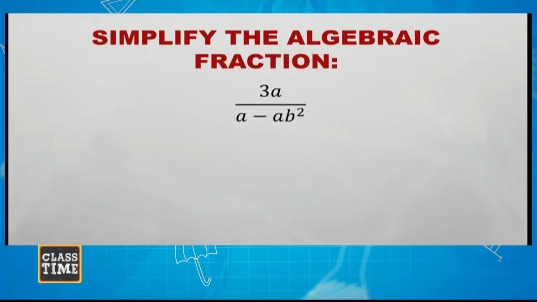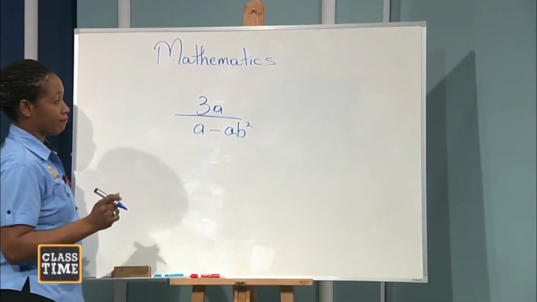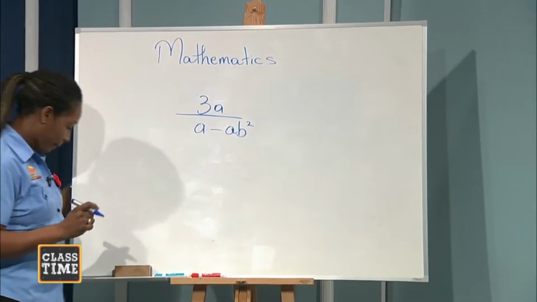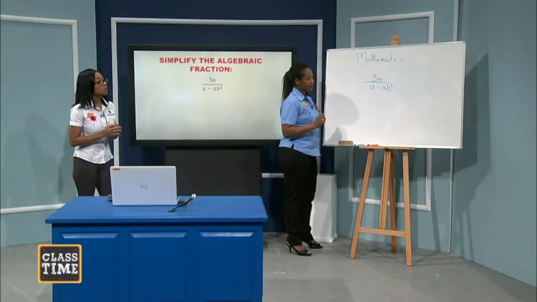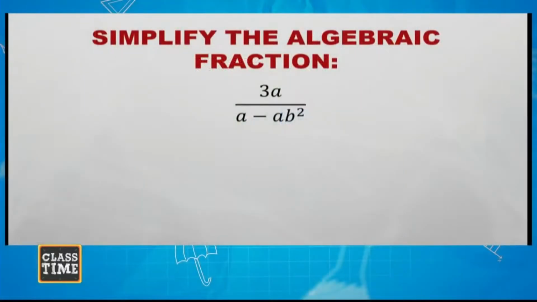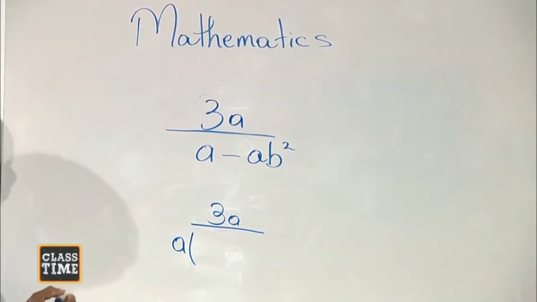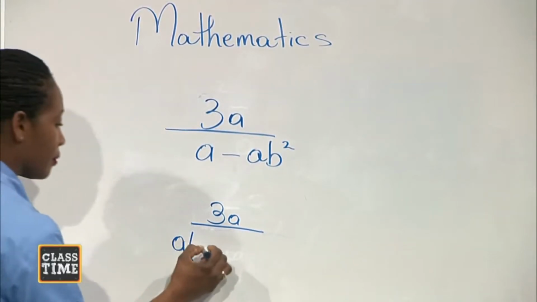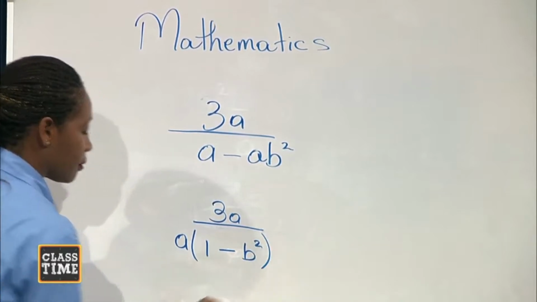When we look at our numerator, we see 3a, which is a term to itself. When we look at our denominator, we have a minus ab squared. So in looking at our denominator, we realize that our highest common factor is a. So we would now have 3a all divided by a, open bracket, 1 minus b squared.